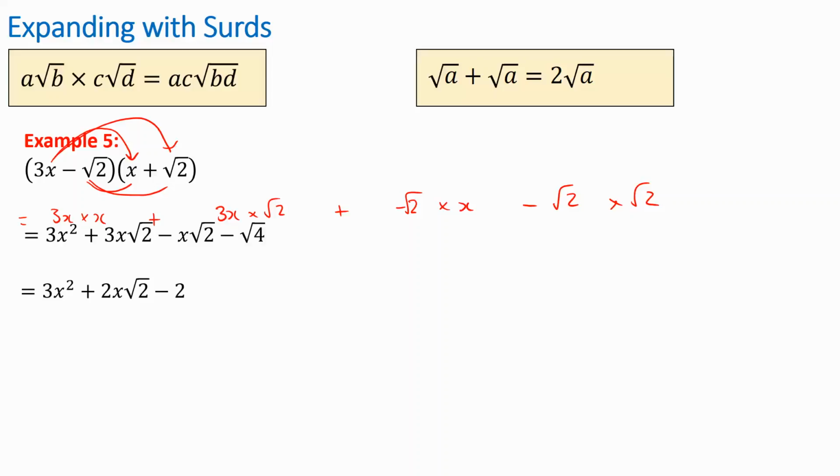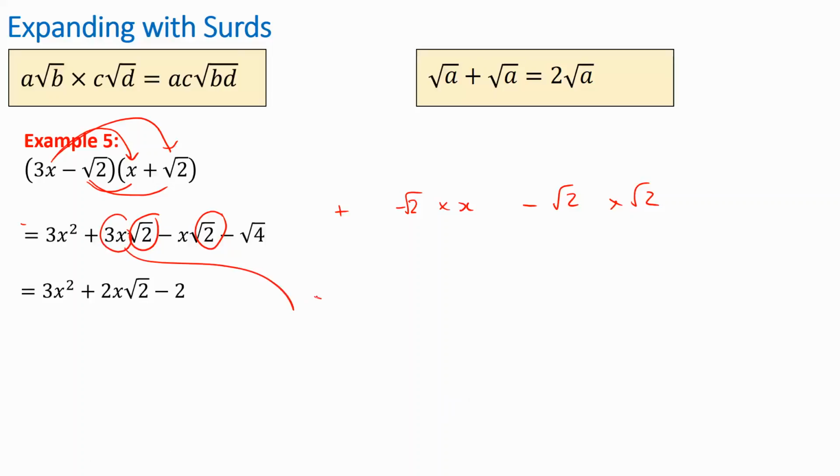Now this is where a lot of students find it difficult. They understand the minus 2, they understand 3x squared. How do I get this? What did I do? This is where I was saying, remember, this is a root 2, this is a root 2. So I'm just saying, okay, I've got root 2's. How many of these root 2's do I have?